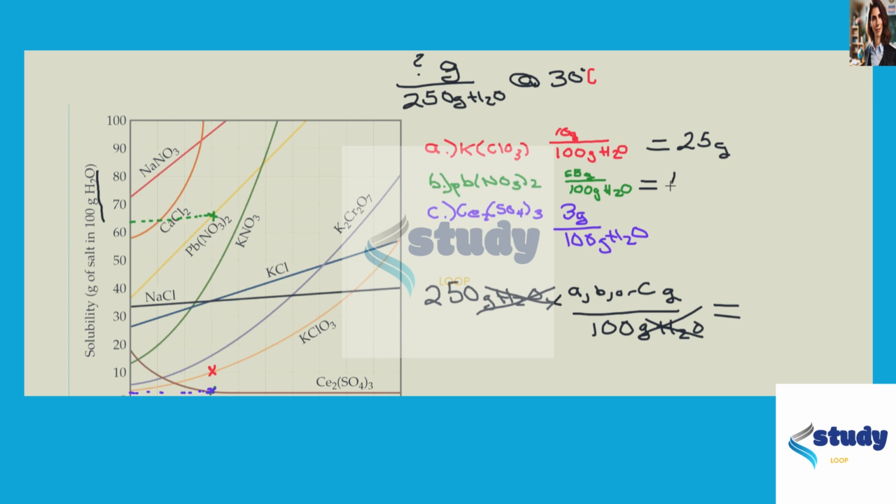We're going to round that to 160 grams. Here we have cesium. So we're going to take that 250 times 3 divided by 100, and we find we get 7.5 grams. We've got one sig fig here that we guesstimated with, so we're going to go down to one sig fig, and that is 8 grams. Excellent. See if you can work the next problem on your own.